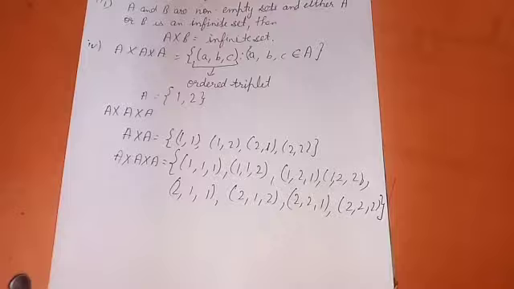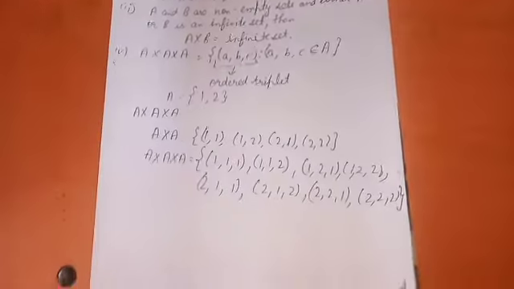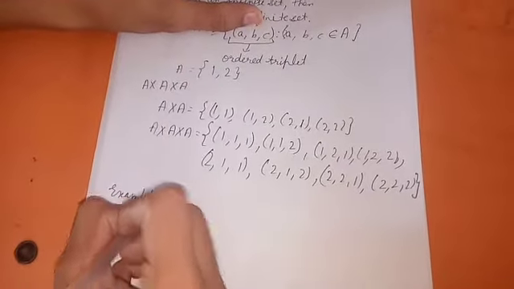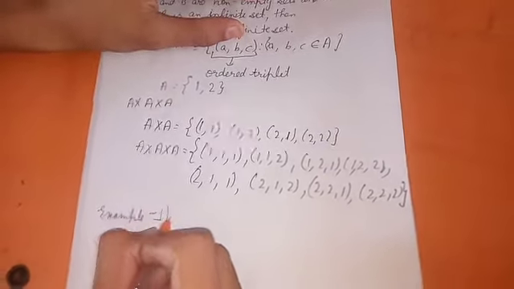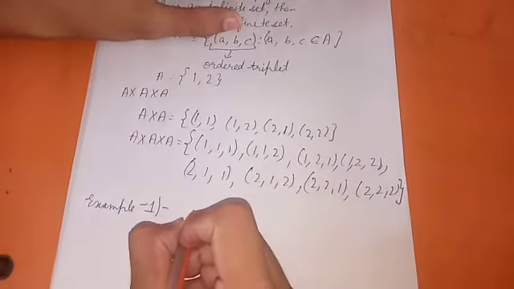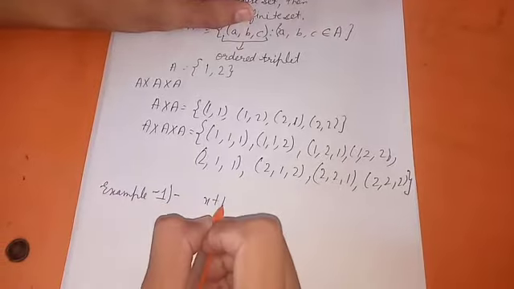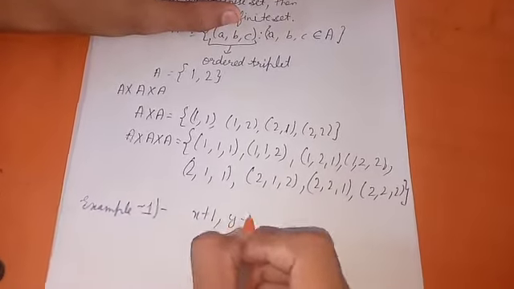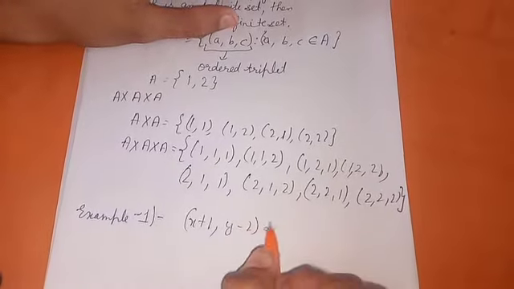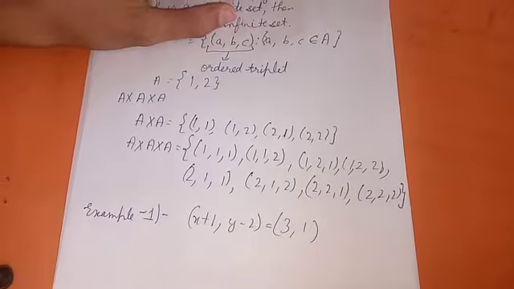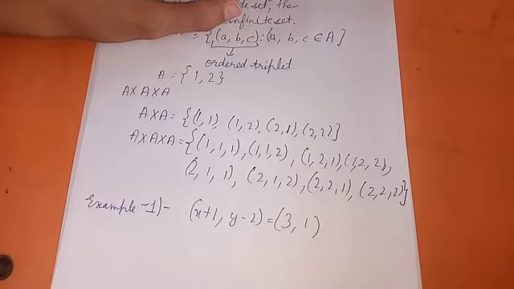Now examples are given. Example 1: if (x plus 1, y minus 2), an ordered pair, is equal to (3, 1), then we have to find the values of x and y.